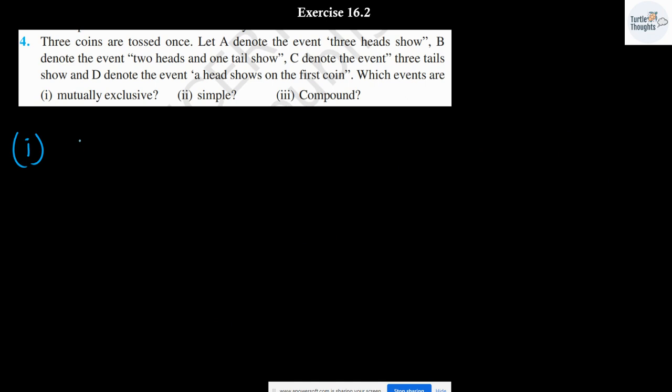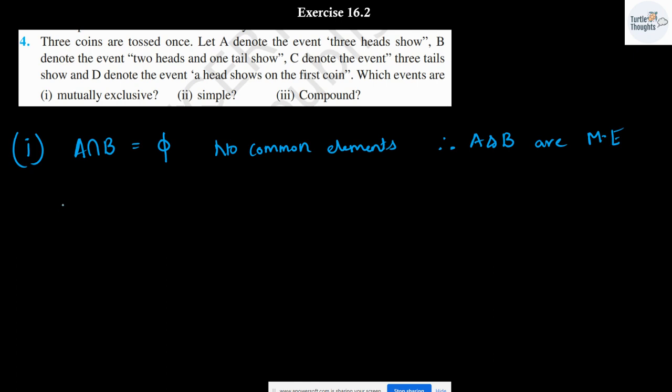No. A intersection B is equal to a null set. They don't have any common elements. Therefore, A and B are mutually exclusive events.